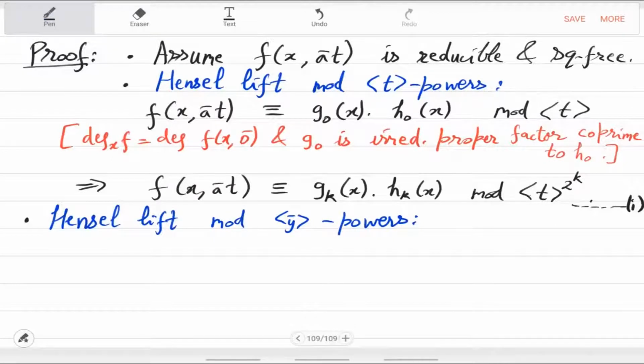Okay, so what will that give you? So f(x, y bar t), what is it mod y bar?